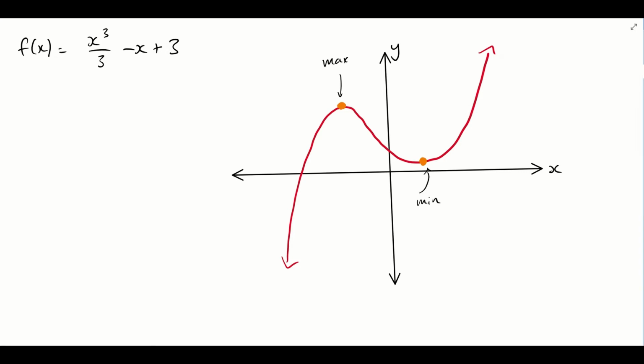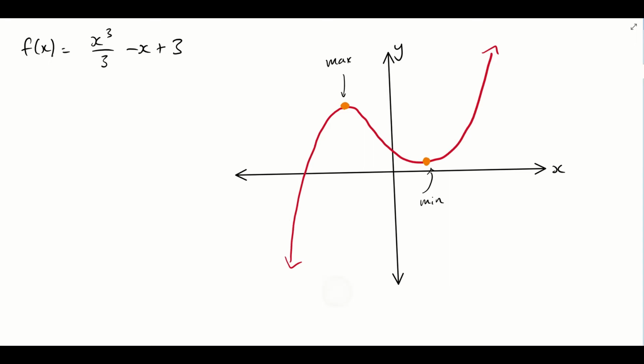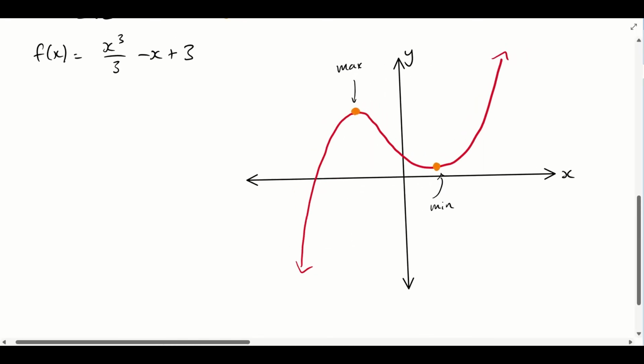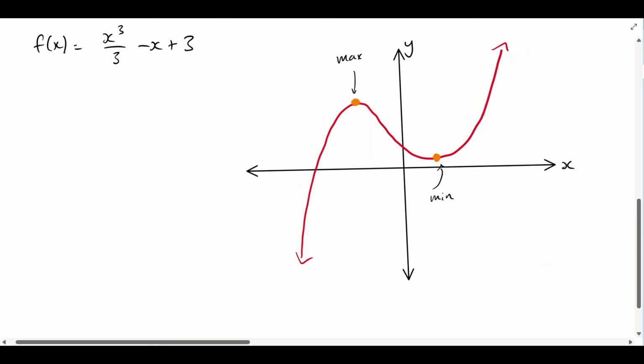But what if you didn't have this graph and there was no way of being able to sketch this graph, and you had to find out what types of critical points they were, just algebraically. So if we find the critical points, remember the critical points are when the gradient is equal to 0. So what is the derivative of f of x?